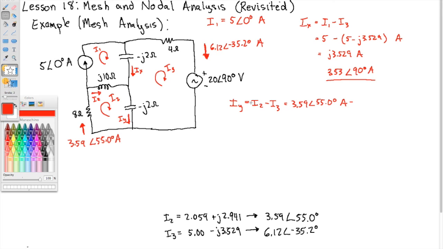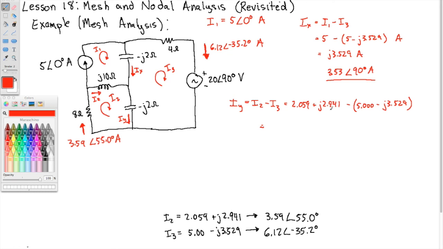Since we're doing a subtraction, let's actually do it in rectangular form. So I2 is 2.059 plus J 2.941, minus I3, which is 5.000 minus J 3.529.